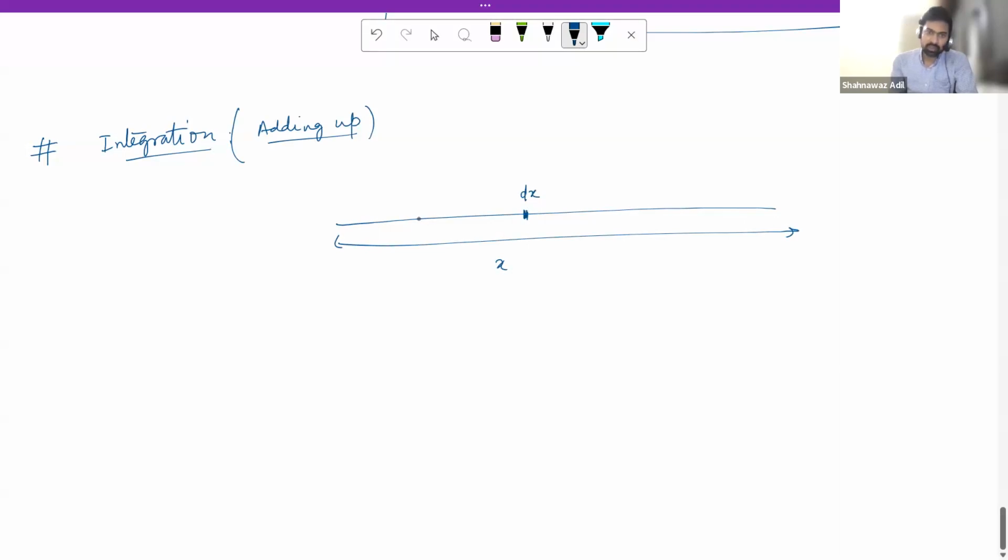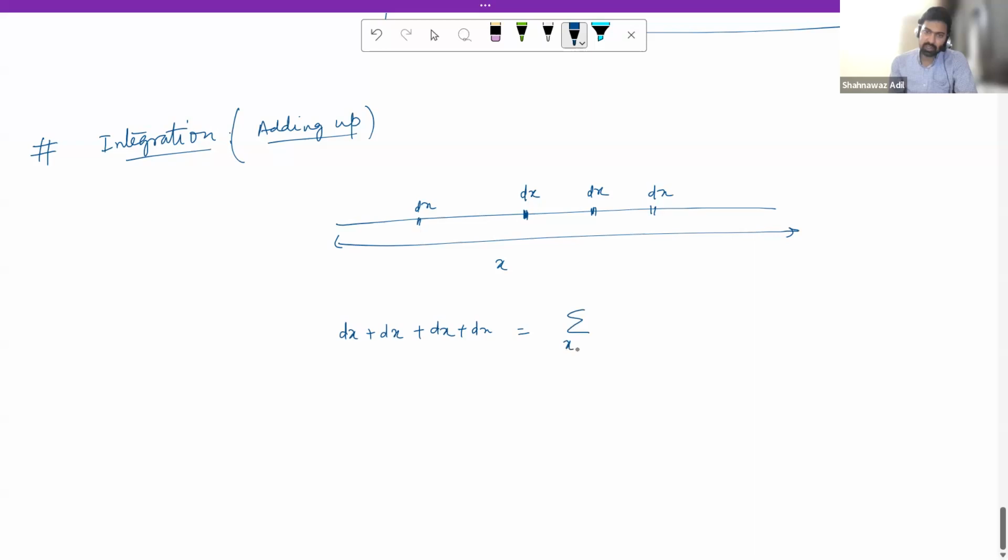So this is dx, this is dx, this is dx. If I sum all these dx, there is a simple notation for this summation, and that is what we write.